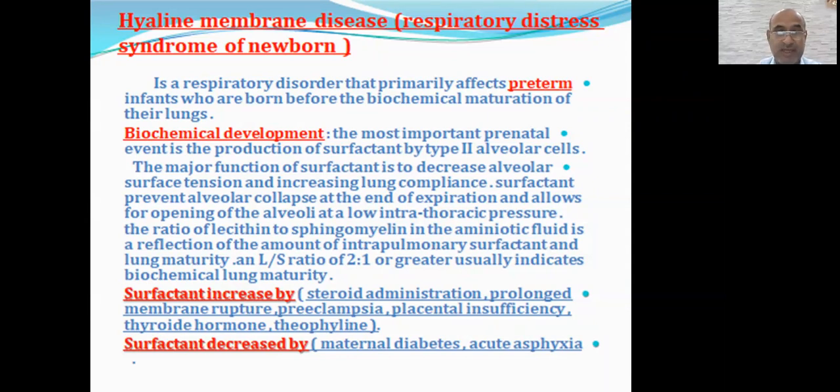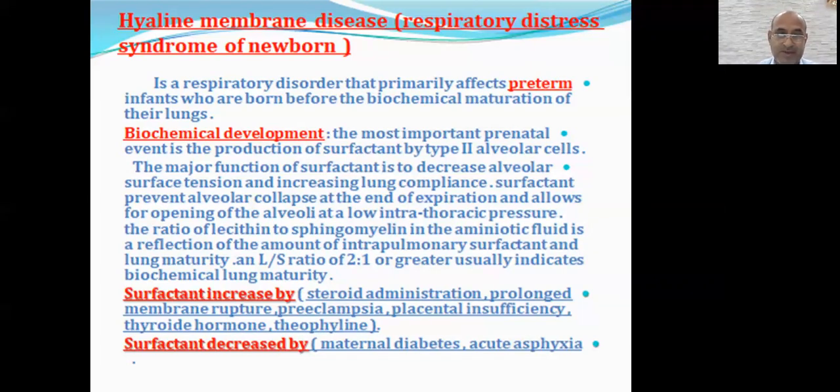Immaturity of the lung is a cardinal feature of preterm infants. Many conditions may help increase the production of surfactant, like steroid administration, prolonged membrane rupture, preeclampsia, placental insufficiency, thyroid hormone, plus theophylline.